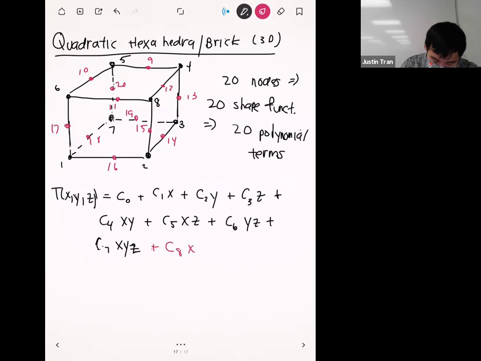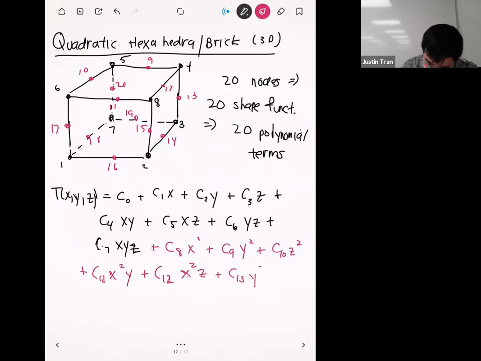We have C8 x squared plus C9 y squared plus C10 z squared. Okay. Plus C11 x squared y plus C12 x squared z plus C13 y squared x plus C14 y squared z plus C15 z squared x plus C16 z squared y.